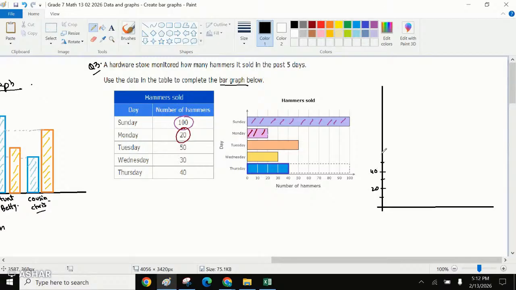If it's already given to us, we follow the rule that the days come on the x-axis and the number of hammers on the vertical axis. If the examiner changes the axis, we do not change it in the question. But if we are meant to make it ourselves, then we can change it, okay?